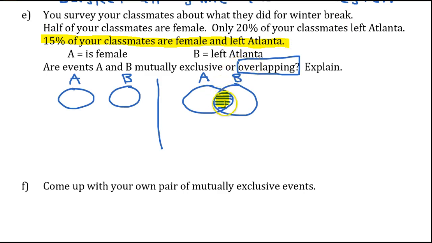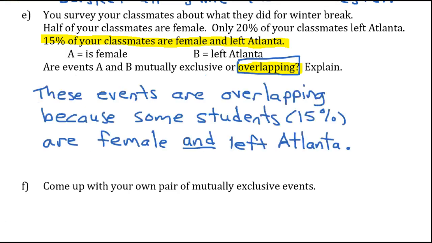All right, that would be this overlapping portion right here. So they are overlapping. So these events are overlapping because some students, 15%, are female and left Atlanta.